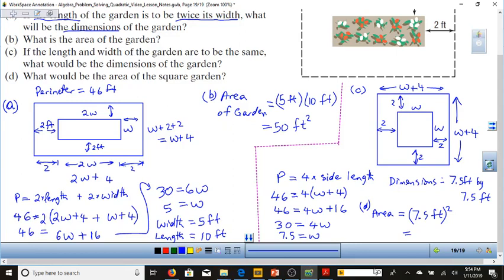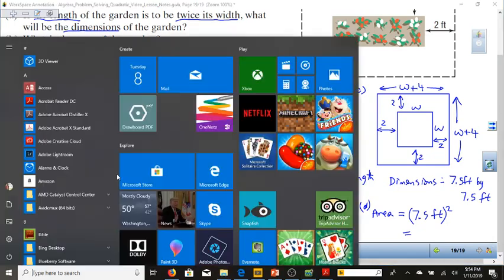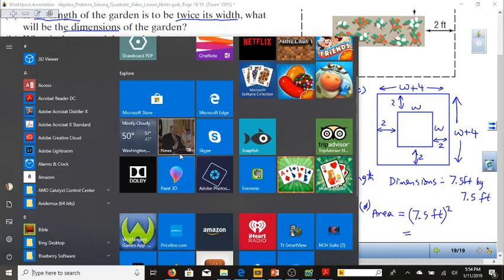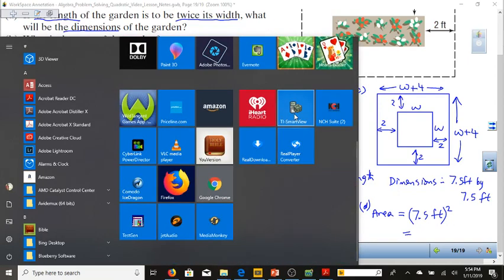And we can do that on our calculator. I'll just bring up the calculator on the screen here. And then once we do that on the calculator, we just put the answer in.